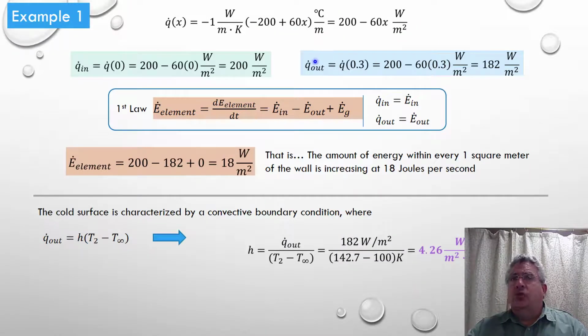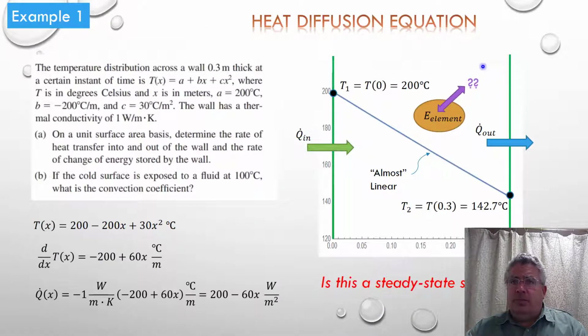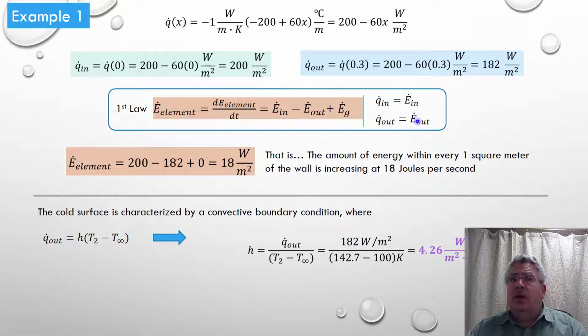The right-hand wall, if I evaluate it at x equaling 0.3, evaluates to a positive 182 watts per square meter. So that means I'm also in the positive direction, but this is causing energy to leave the wall, at 182 watts per square meter. So they're not equal to each other.